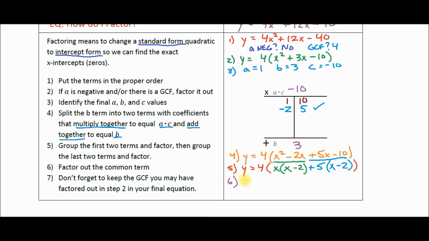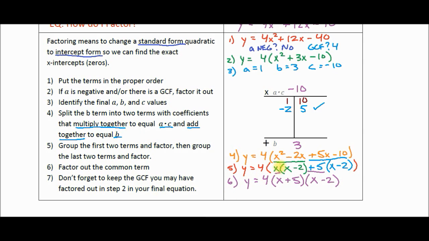Now what that means is, I'm going to rewrite this, y equals 4. Take a look. Here's our common term, x minus 2. I'm going to do the reverse of what we did with distribution. I can take the x and the plus 5, and I can write that together. And then I'll take the x minus 2 that was the common term, and I put that together.